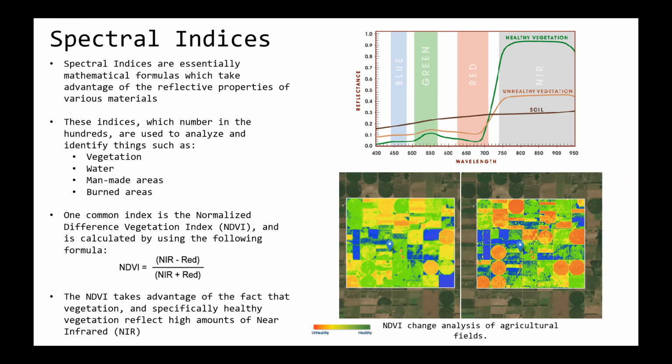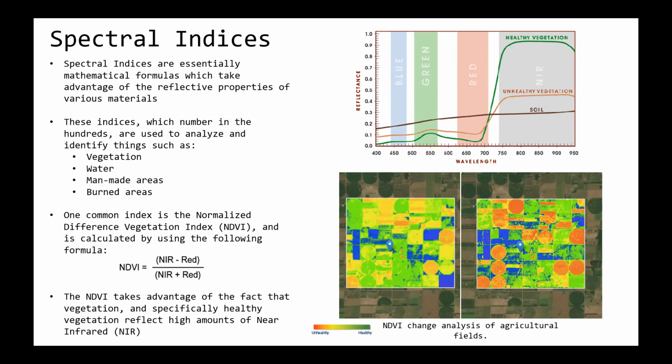One common index is the Normalized Difference Vegetation Index, or NDVI, and it's calculated using the following formula: you take the near infrared band, subtract the red band, and divide by the near infrared band plus the red band, and that gives you your NDVI values.